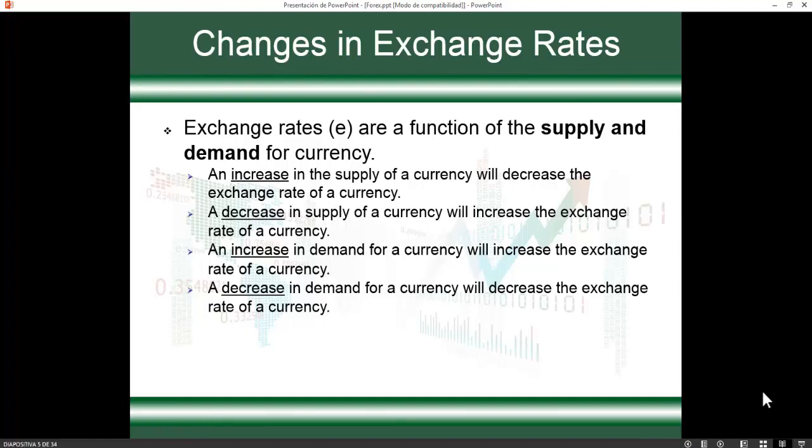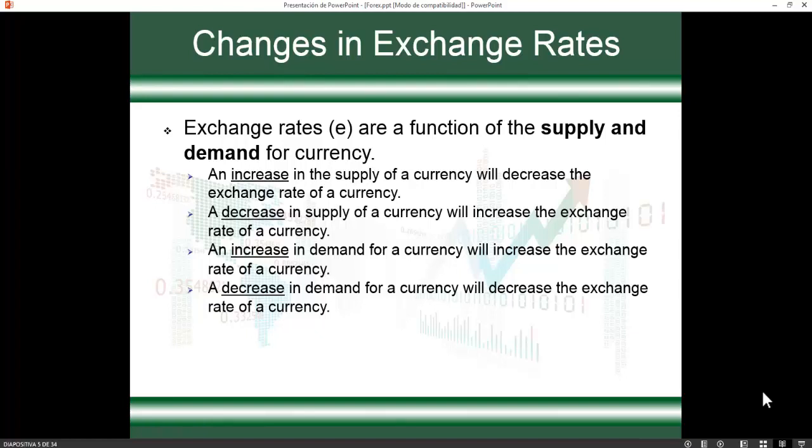When speculators enter the markets and are allowed to buy and sell freely, you sort of lose that supply and demand rule, because it becomes abstract and more technical, when speculators are trying to buy and sell just to make money. But the basics of exchange rates should be supply and demand.